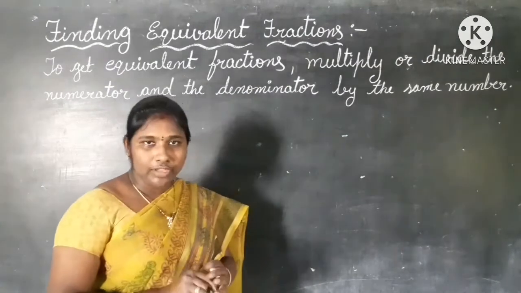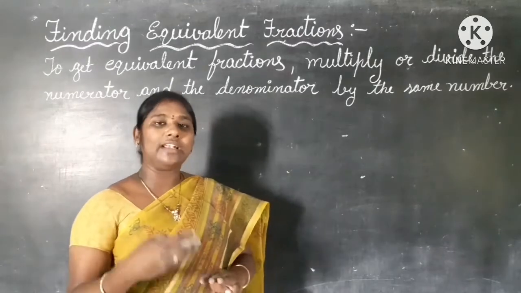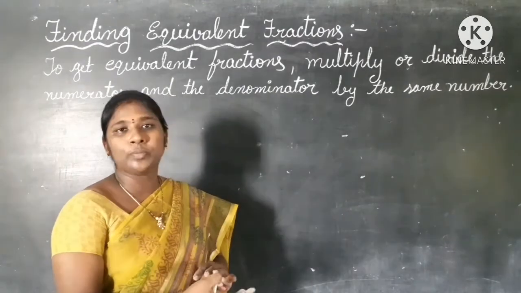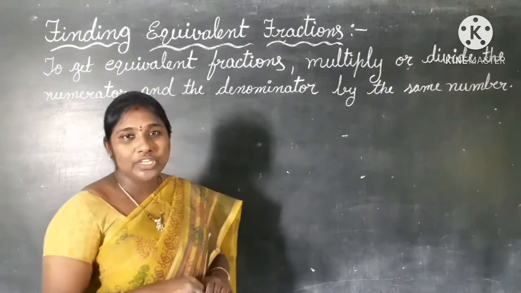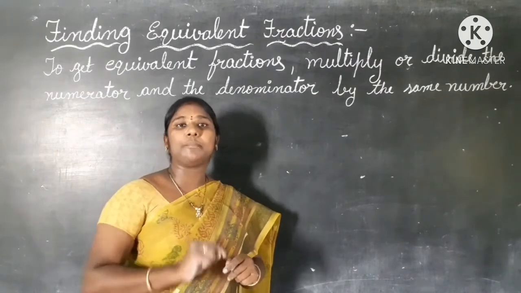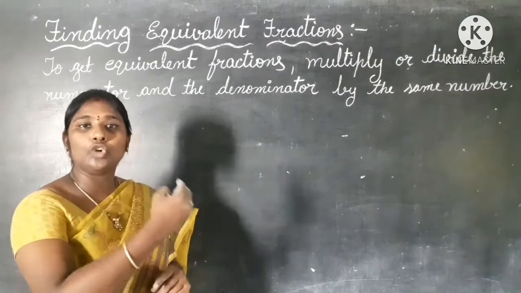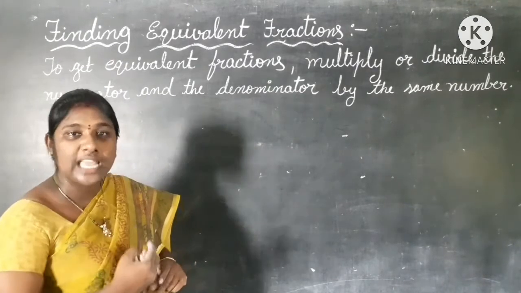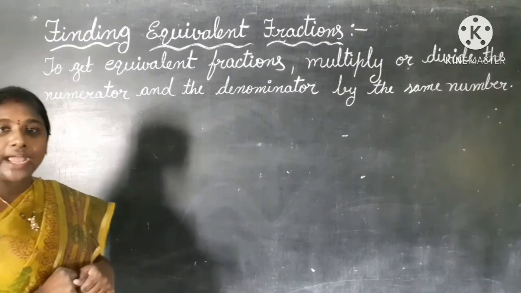We may multiply, or we may divide. If we want to do multiplication, we can do multiplication, or if we want to do division, we can do division. But we have to do it by the same number, both the numerator and denominator, to get an equivalent fraction.